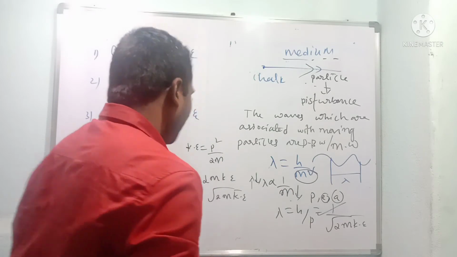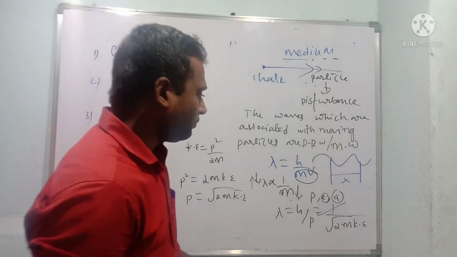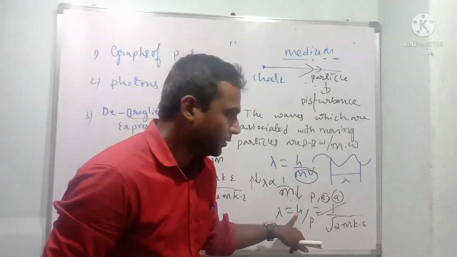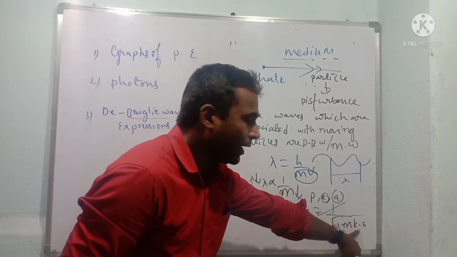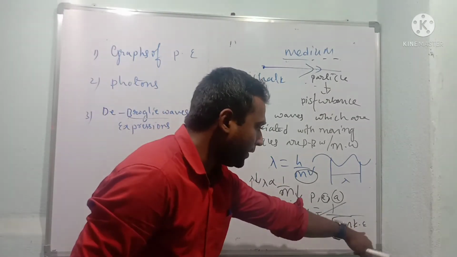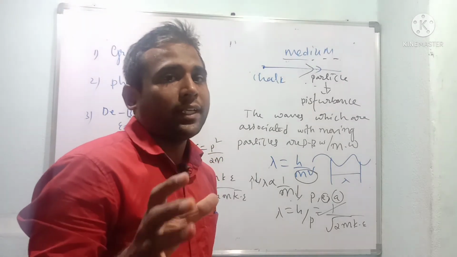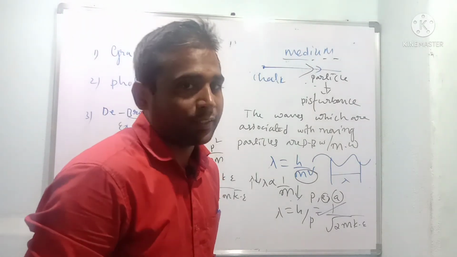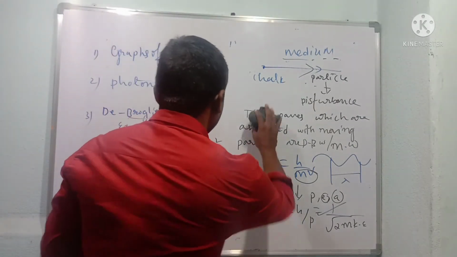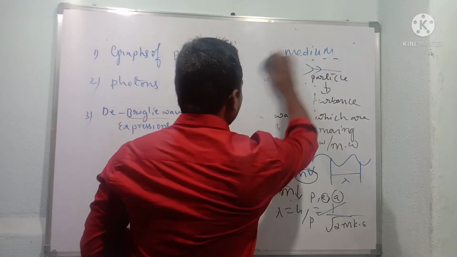Here I am going to give direct formulas. If you substitute the value of Planck's constant, mass of the electron, and kinetic energy of the electrons, you are going to get some specific formulas, and they will be very useful for your exams. So what is that?